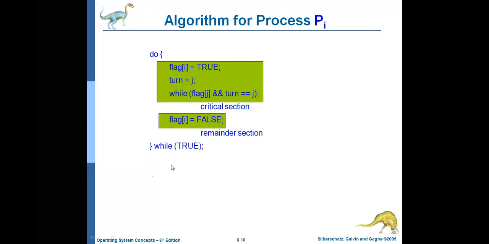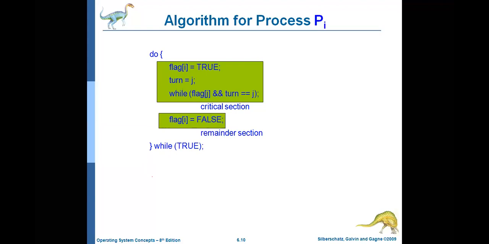Likewise, every time a process enters into the critical section, two conditions need to be verified: the turn as well as the flag. Not only the turn, the process should also be willing to enter into the critical section. So it needs to keep the flag true, and the turn needs to be equal to that process ID.